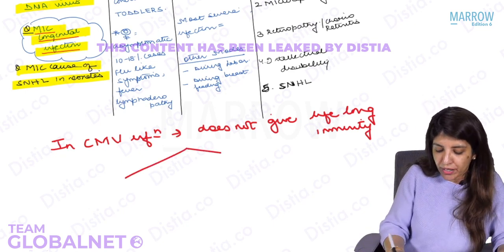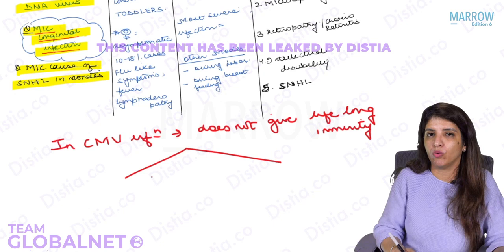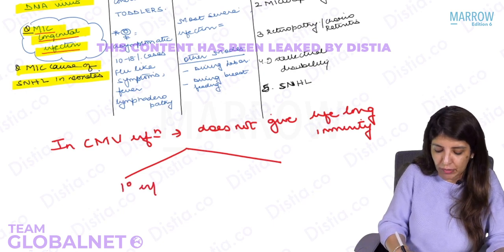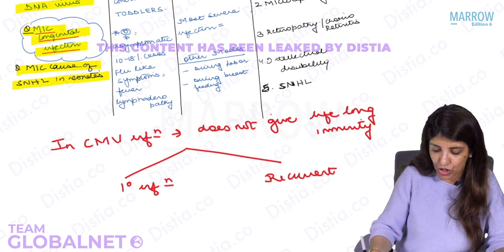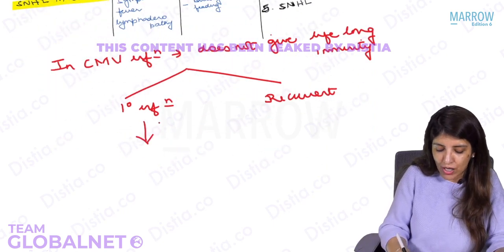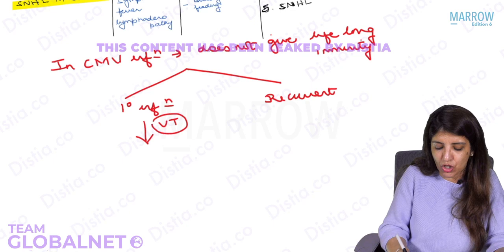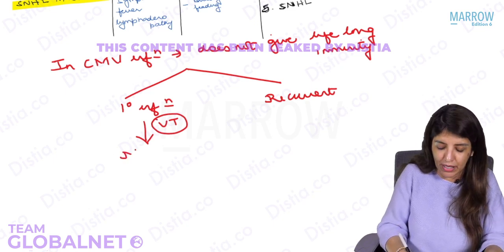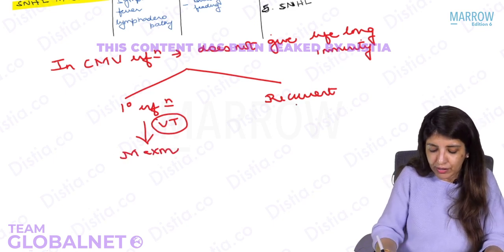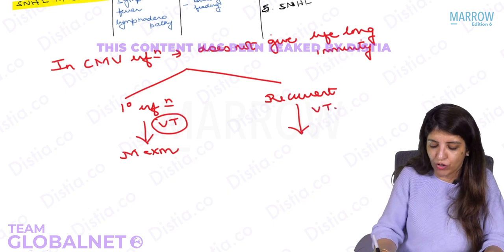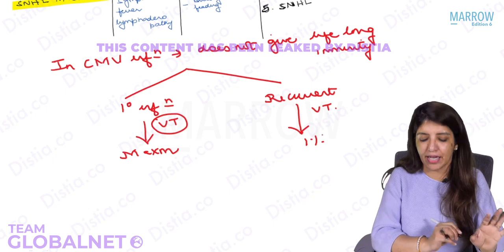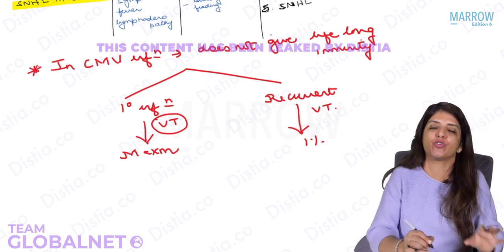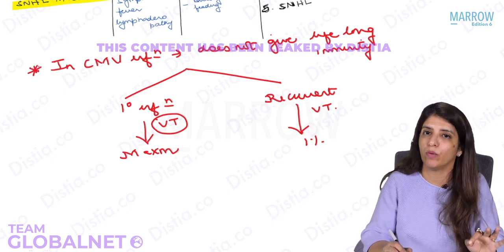It could be a primary infection or a recurrent infection. But remember that chances of vertical transmission are there with primary infection. With a recurrent infection, the chances of vertical transmission are hardly 1%. That is another very important point which you have to remember about cytomegalovirus infection.